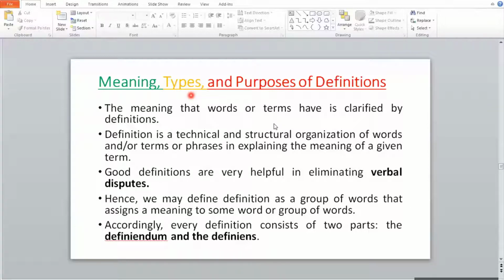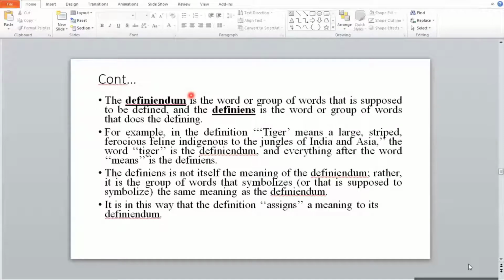We have discussed the definiendum and the definiens. So we have two parties in every definition. The first one is the definiendum, the second one is the definiens. Let us look at these two parts of the definition.